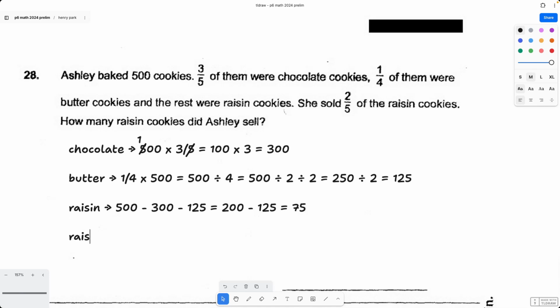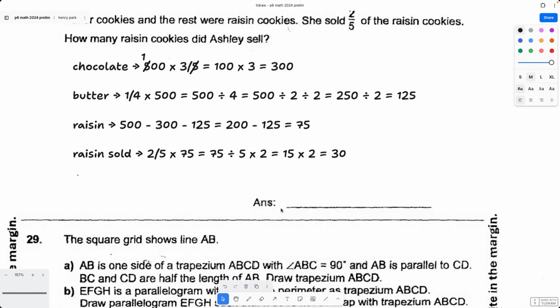And then raisin sold, which is basically 2 over 5 times 75, which is 75 divided by 5 times 2, which is 15 times 2, which is 30. All right, there you go. The answer is 30.